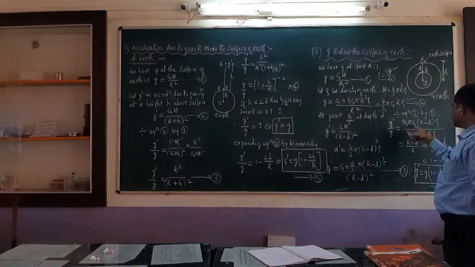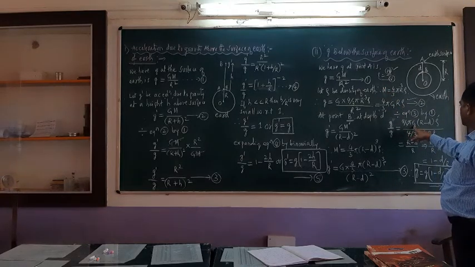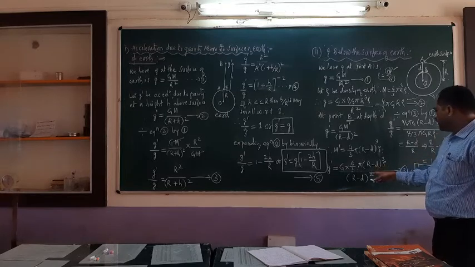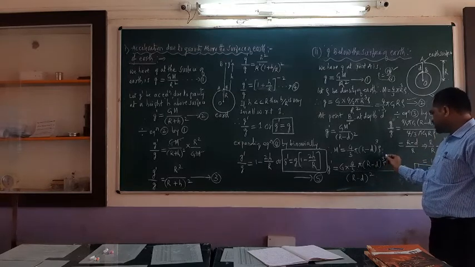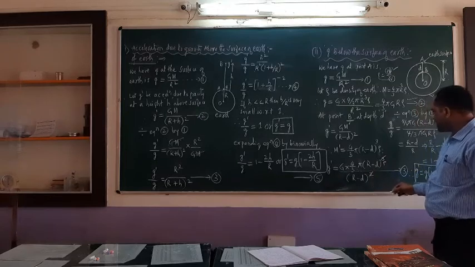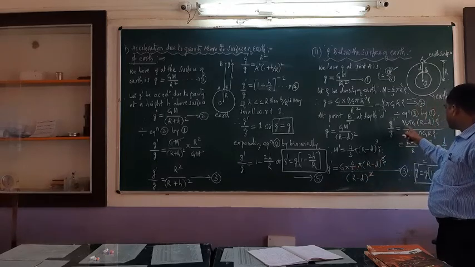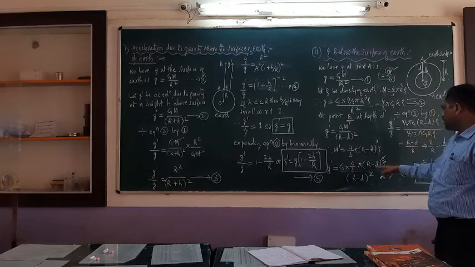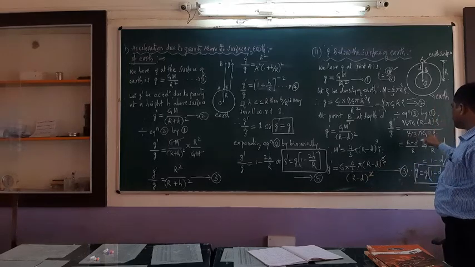Equation 3 by equation 1. So we have 4 by 3 pi g into (r minus d) into rho, divided by 4 by 3 pi g r into rho. Here the square gets cancelled, so it becomes 4 by 3 pi into g into (r minus d) into rho, and the (r minus d) whole square cancels.